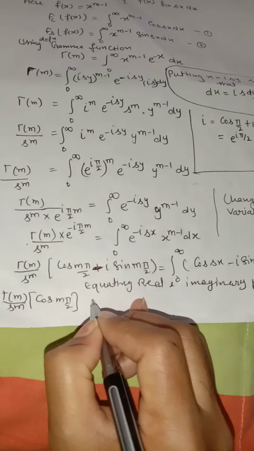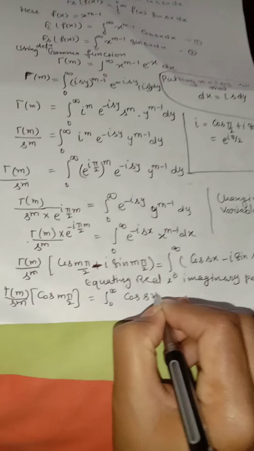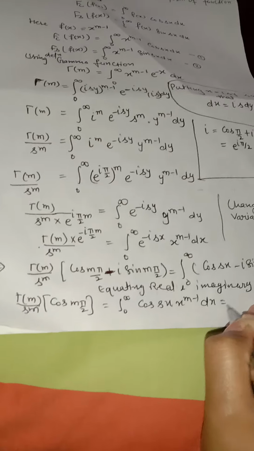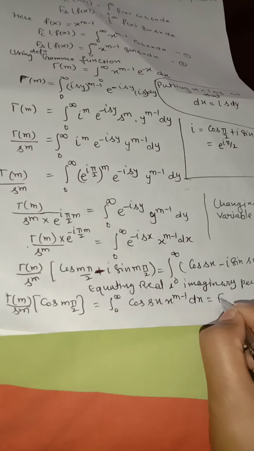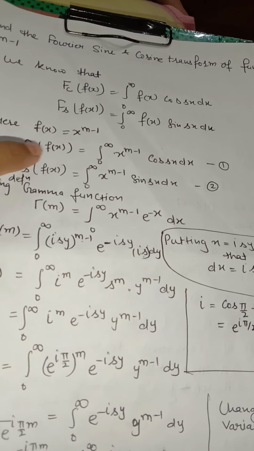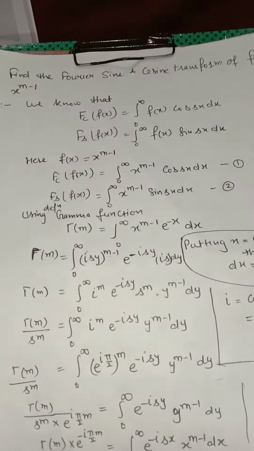is equal to integral 0 to infinity cos sx into x raised to power m minus 1 dx, that is Fourier cosine. By the definition, Fourier cosine of f(x) is integral 0 to infinity x raised to power m minus 1 cos sx dx from first equation, and it is real part.